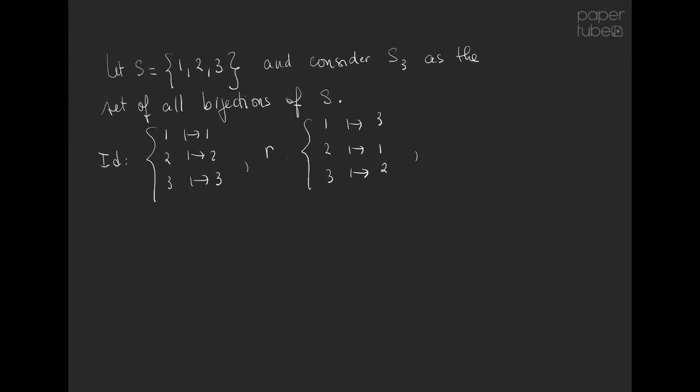If you compose R with itself, we'll call this here R square. So essentially, if you rotate twice, then 1 goes to 2, 2 goes to 3, and 3 goes to 1. Let's call this here S. 1, 2, 3 goes to 2.